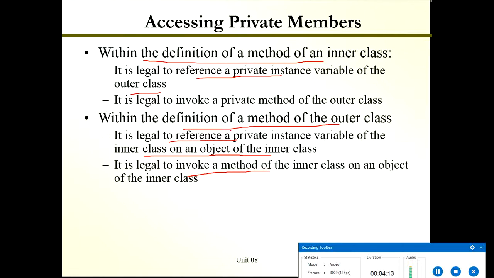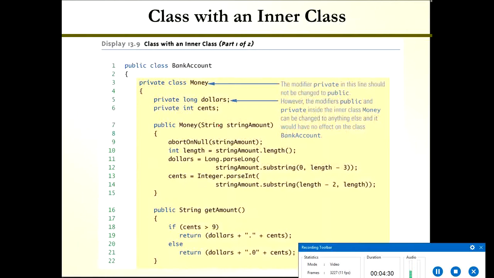Also, from the outer class, we can refer to the private instance variable of the inner class by making an object of the inner class, and we can invoke the private method of the inner class by making an object of the inner class. In this way, we can refer to each other's private variables. Now, this is an example which is given in your book.